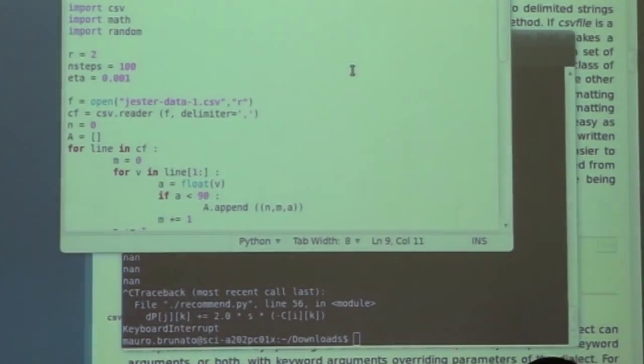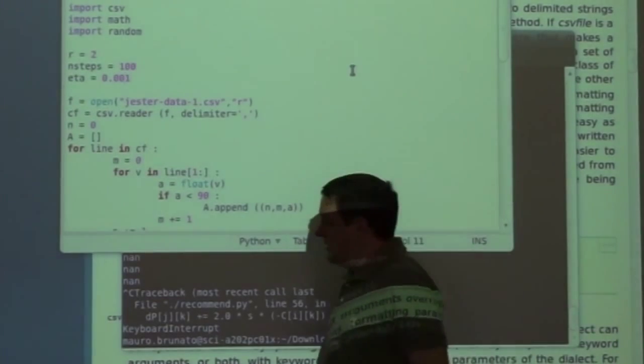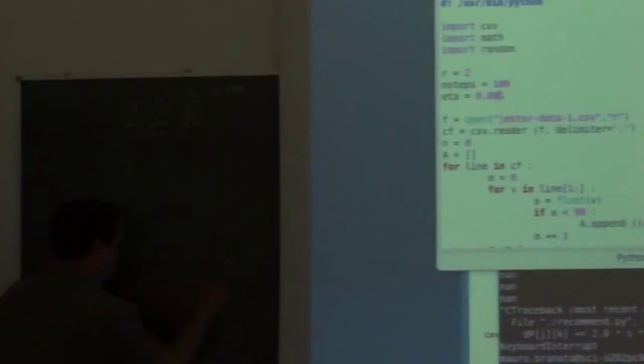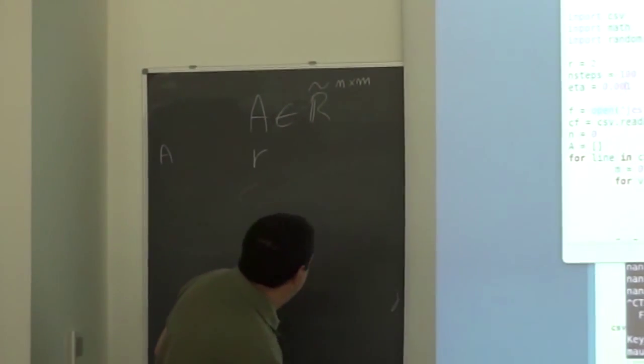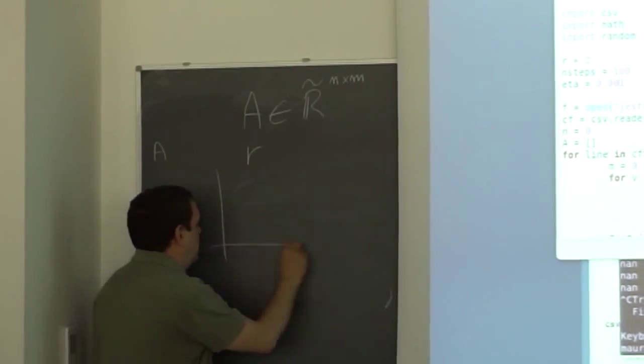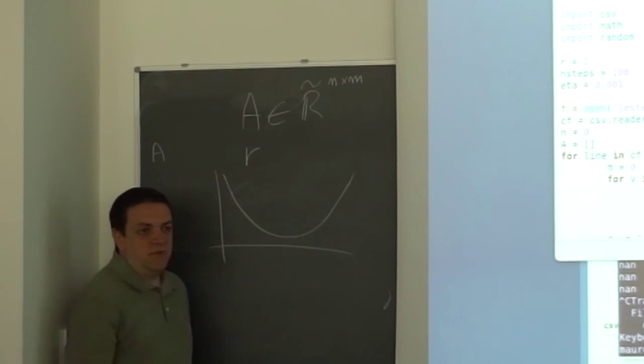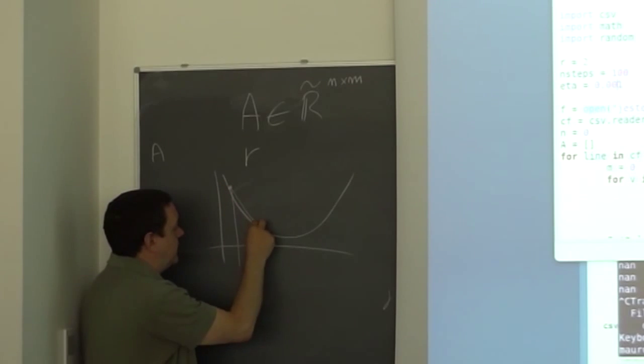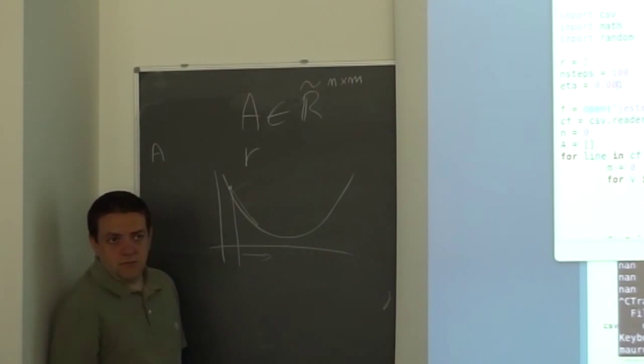So a step that is too large is dangerous because something like this might happen. You are trying to find the minimum of this. You start from here. You follow the gradient, so you move in this direction.